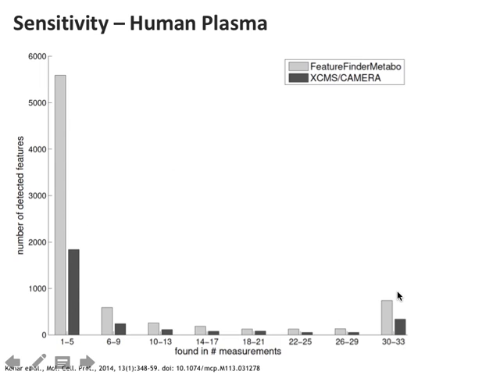So you can see that about 800, 900 metabolites were found in between 30 and 33 of the measurements. And what is a bit scary is that you find about 5,000 metabolites only in individual measurements. So what's your interpretation of this figure? What do we learn about the algorithm?